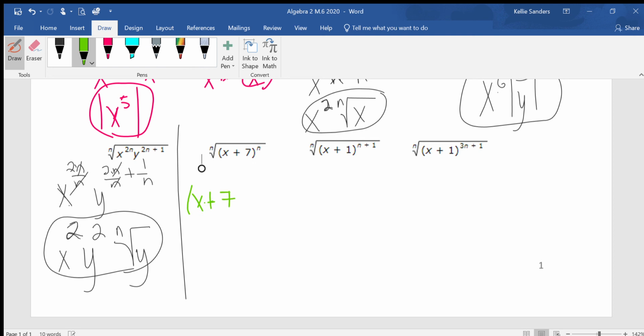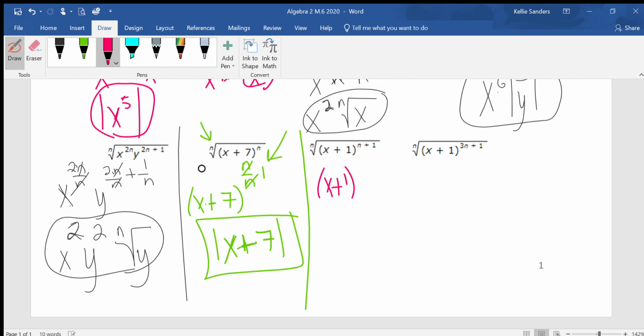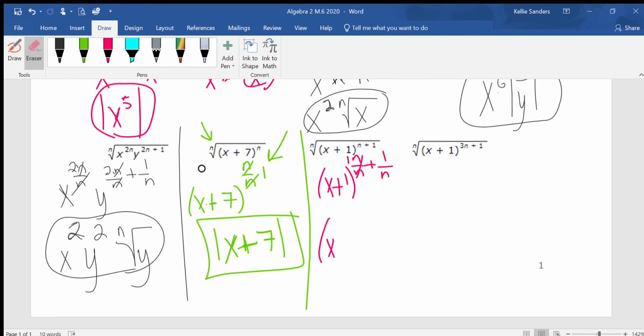x plus 7 to the n over n, which is 1. Since it's 1, and since it's even, it has to go into absolute value signs. x plus 1 to the n over n plus 1 over n, which is 1.